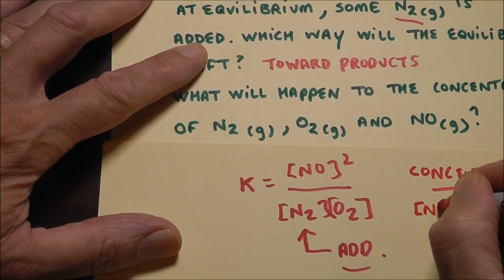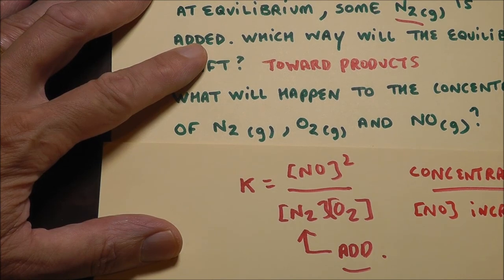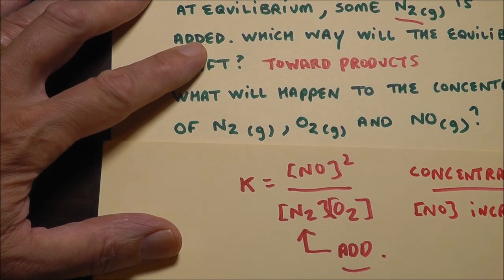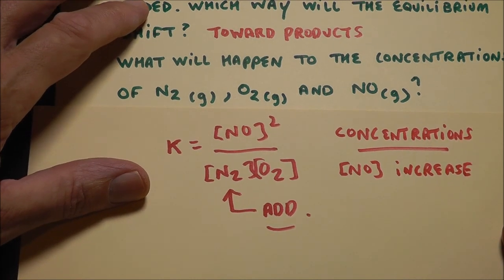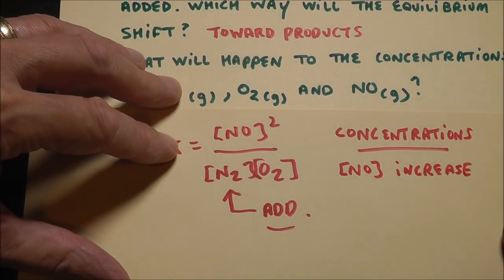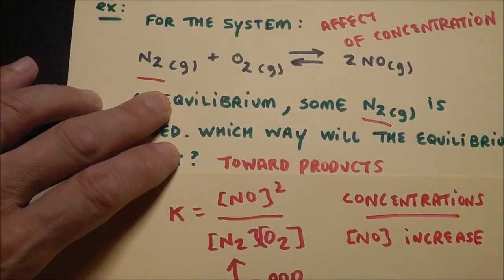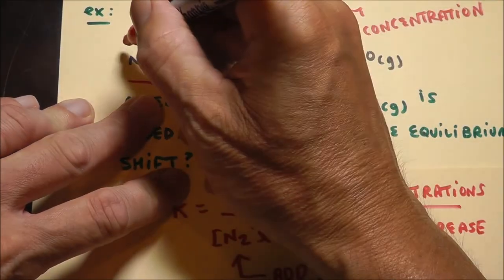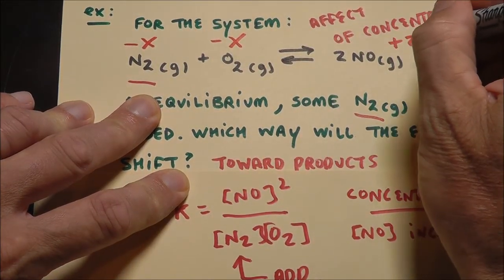Concentration of NO increases. That's a no-brainer. So then what will happen, here's a funny thing. These can't really decrease, the O2, how's that? Maybe this helps.